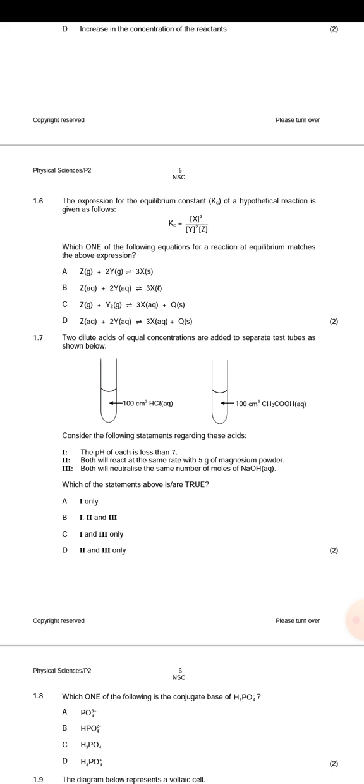Then we look at option 2, both will react at the same rate with 5 grams of magnesium powder. Alright, so that one kind of looks correct, but then we observe HCl is a strong acid, then the other is a weak acid. So how do weak acids and strong acids differ? We know that HCl, a strong acid, ionizes completely, then the other ionizes partially.